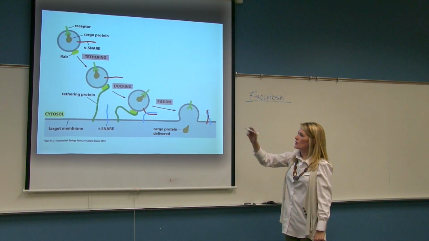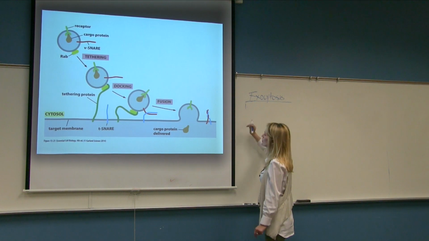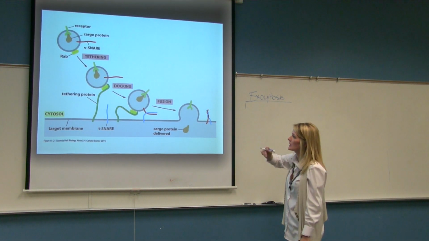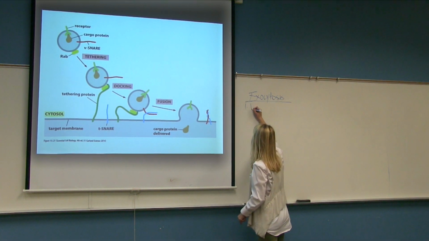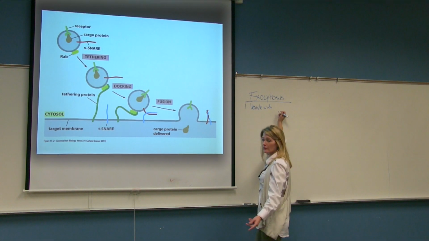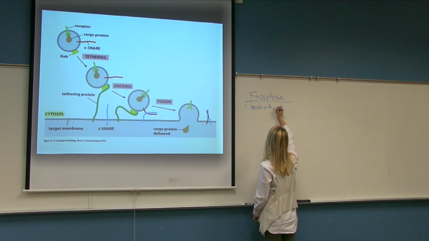For exocytosis, the first thing you're going to need is whatever you want to deliver to the outside of the cell. So in this case, we have our little vesicle with the cargo that we want to deliver, right? So our cargo protein.